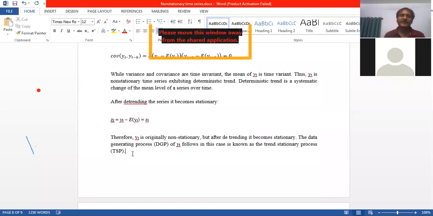What is the alternative way? We are looking at the stochastic behavior another way, that is in terms of the autoregressive process, moving average process, autoregressive moving average process, etc. And we are concentrating mainly on the autoregressive process: AR1, AR2, AR3, etc. So in the AR1 process, we have seen if phi 1 is less than 1, the series is stationary.